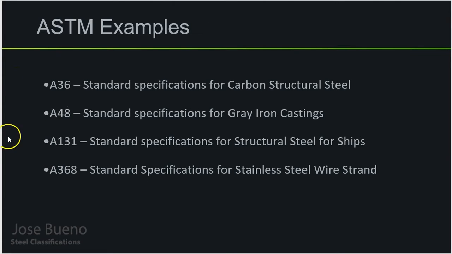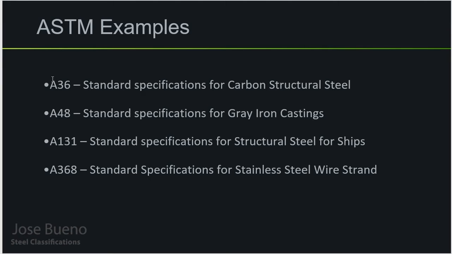So here are some examples of steel classifications for ASTM. So as you can see, what comes first is going to be a letter. What comes after is going to be a series of numbers. Now, A36 is a very general, well, I won't say general, but it's a very commonly used steel in the structural industry.